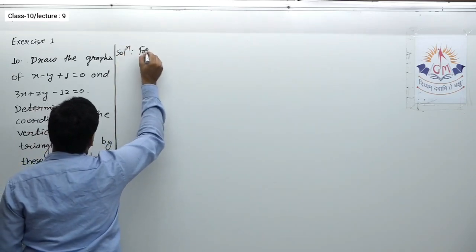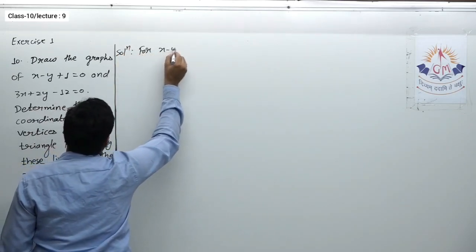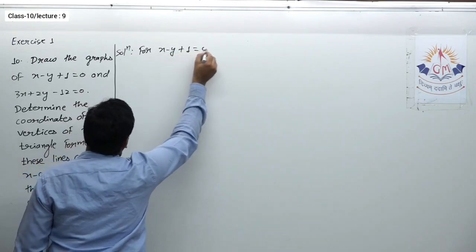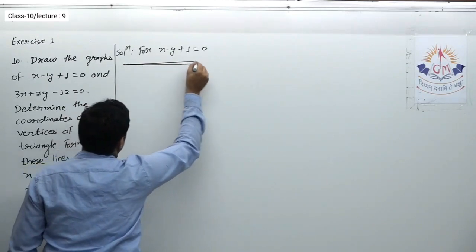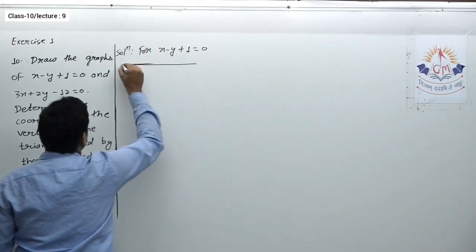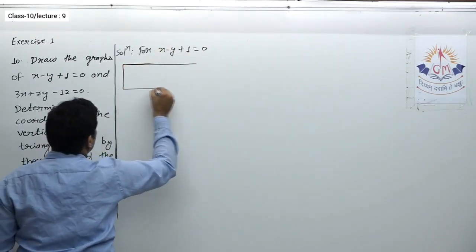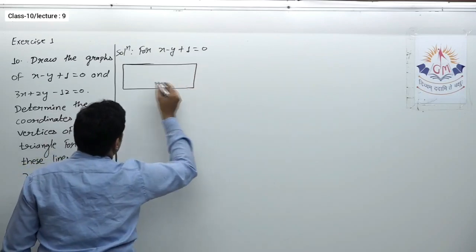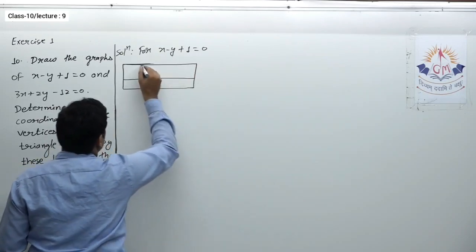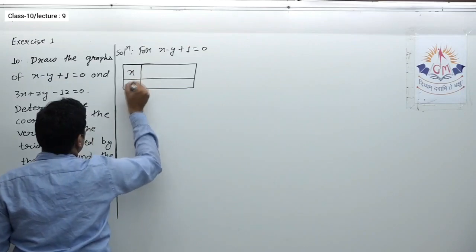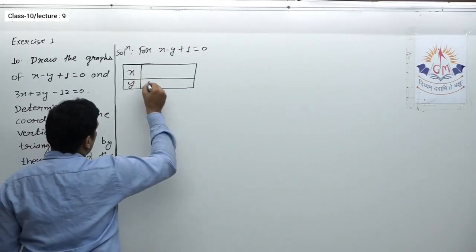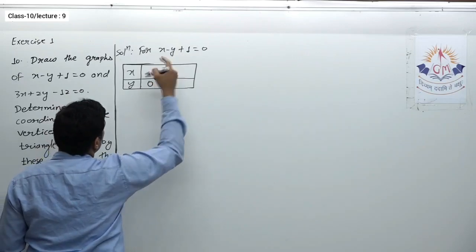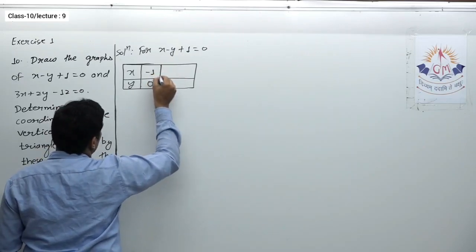So for x minus y plus 1 equal to 0, first of all I need to find two solutions so that I can draw its graph. This is x and y. If I put y equal to 0, I will get x equal to minus 1.